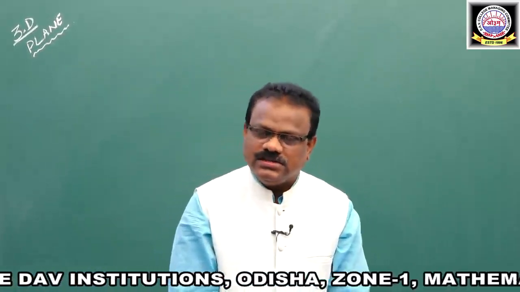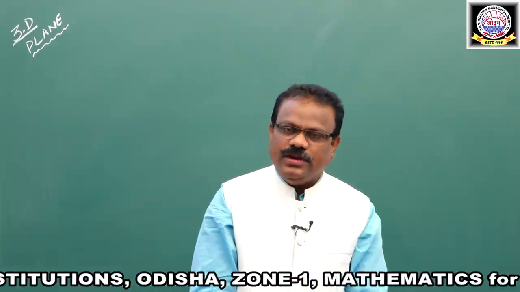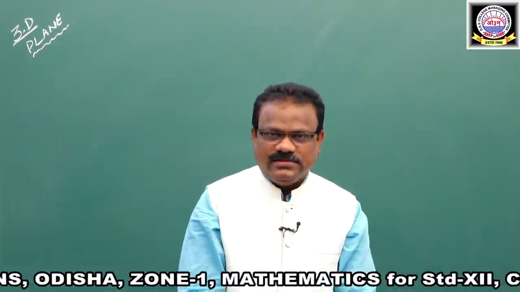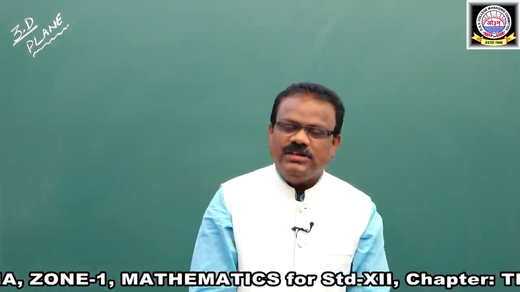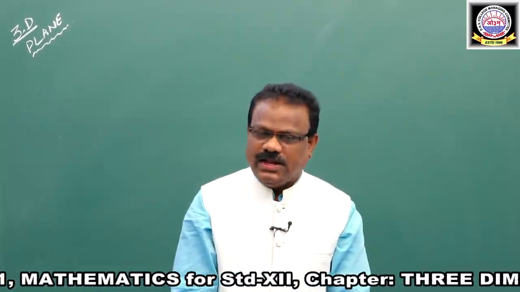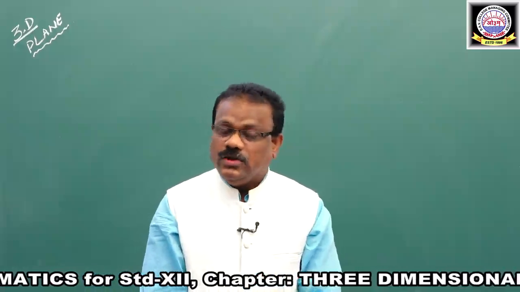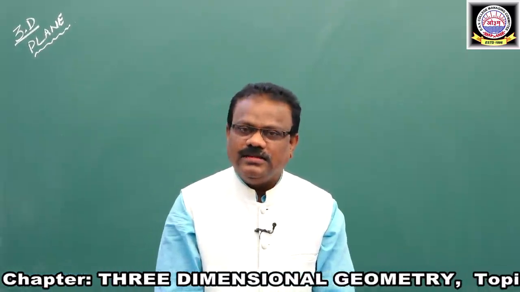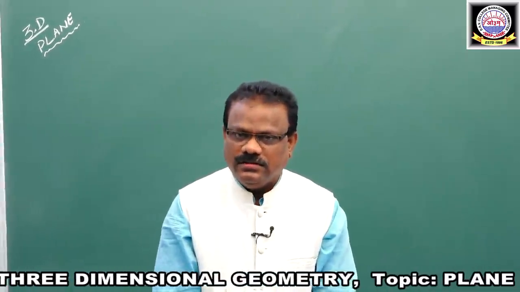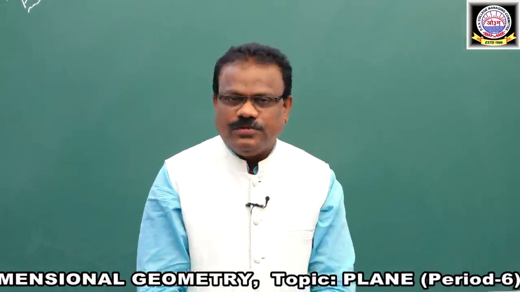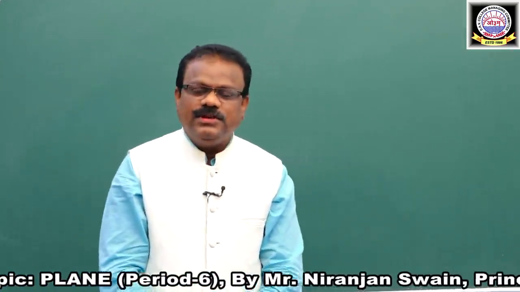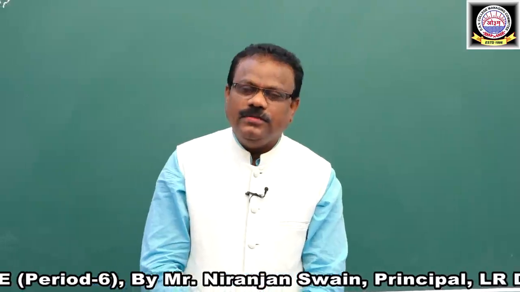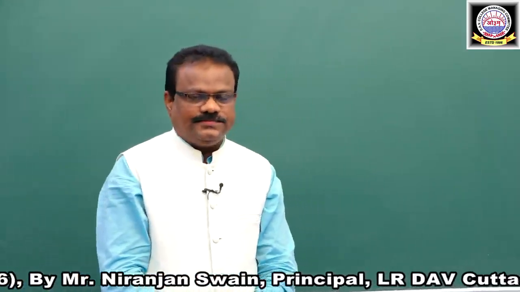We discussed the distance of a point from a line, the image of a point with respect to a line, and also if a perpendicular is drawn from one point to the line, then what is the coordinate of the foot of the perpendicular. That we have discussed already. And simultaneously we discussed the point of intersection between two lines.